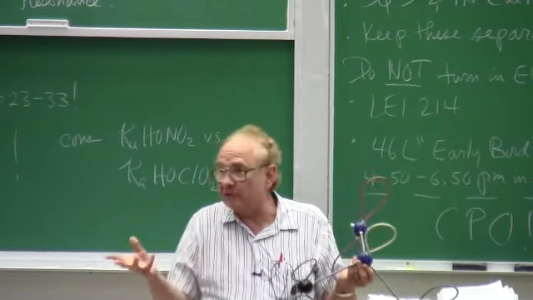So, of these considerations which we have made, what considerations could we use to keep with the fact that this is a weaker, more stable base than this?